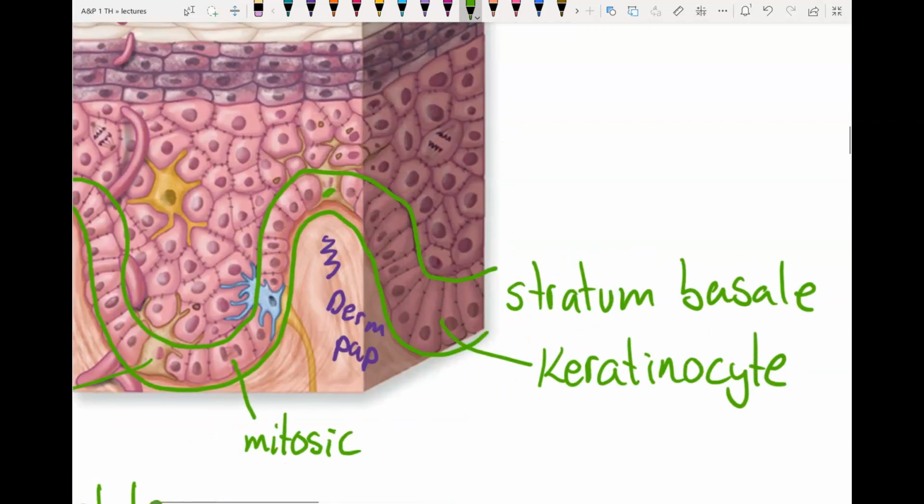And then if you look closely at these cells, see how they have these little extensions? And down here, see all these extensions that go out among the keratinocytes? The melanocyte doesn't keep the melanin for itself. After it makes it and packages it, it gives it to your keratinocytes.